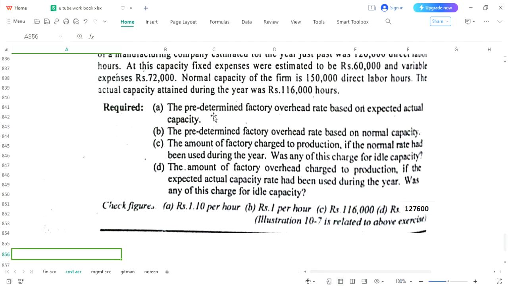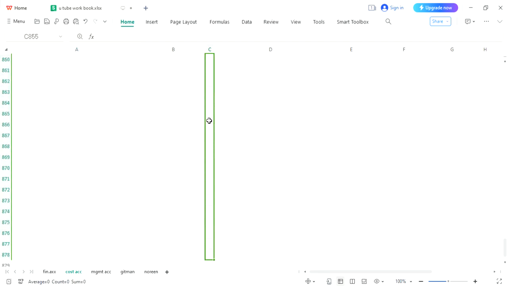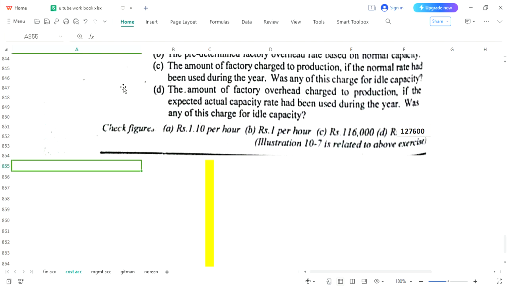So what we can do is divide our page into two major parts, in which we would have every element available in the question according to expected capacity, and on this side every element related to normal capacity. So we can divide this page into two parts.